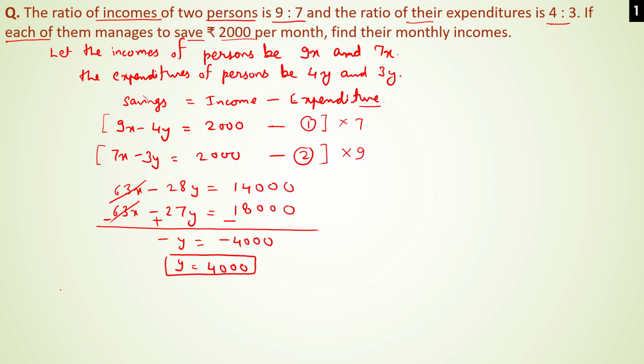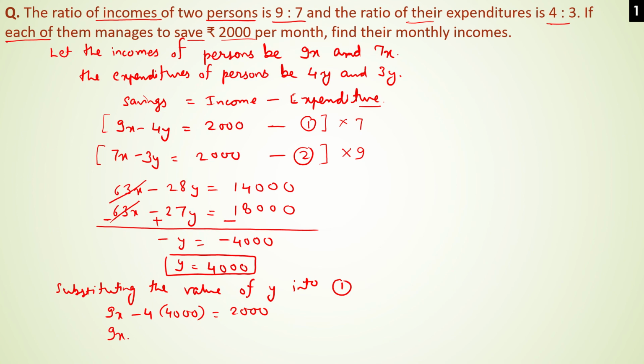Substituting into the first, we get 9x minus 4 into 4,000 equals 2,000, so 9x minus 16,000 equals 2,000.